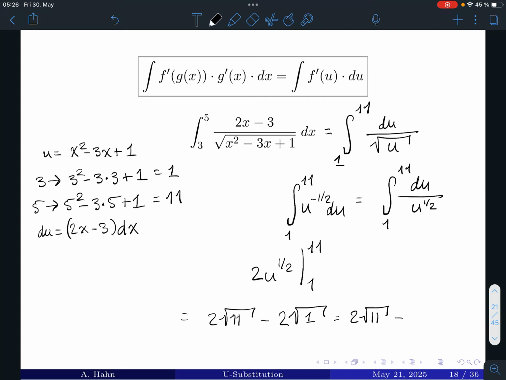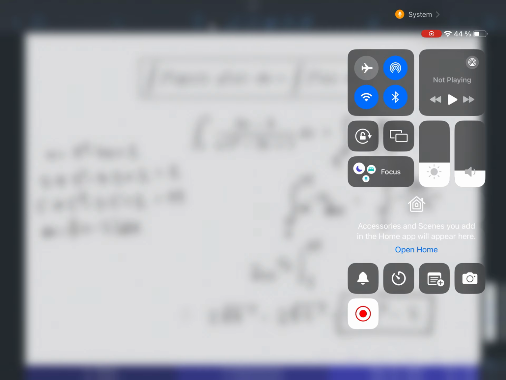The square root of 1 is just 1. So this is going to be equal to 2 times the square root of 11 minus 2. And that's it.